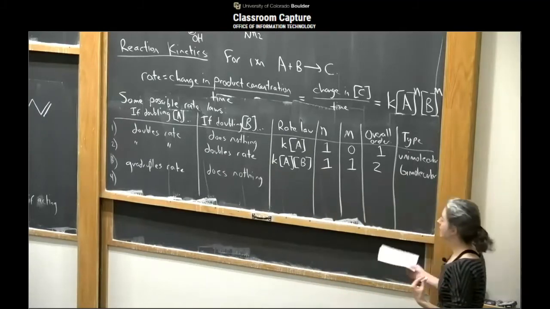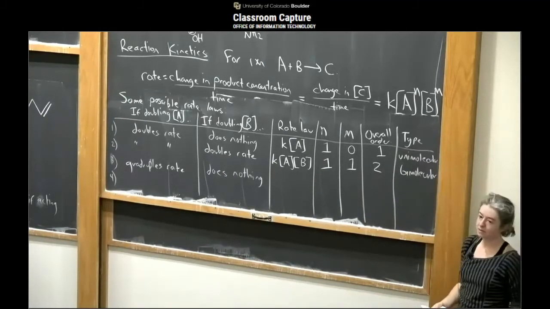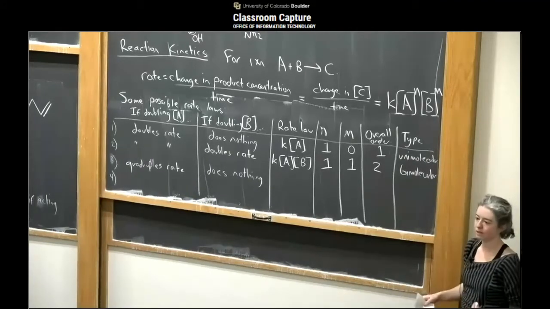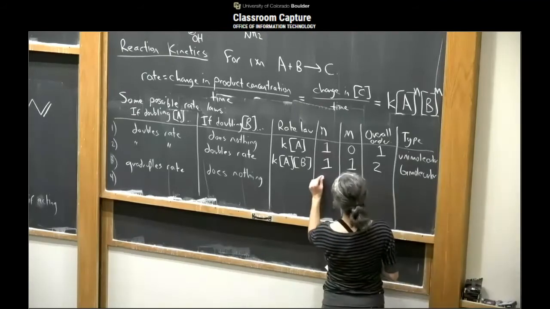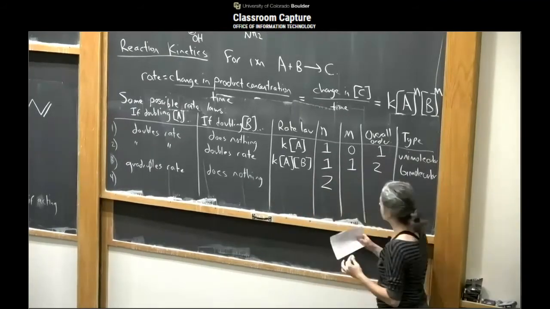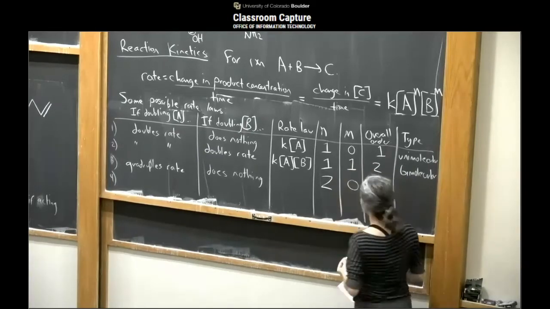That tells us that when we double the concentration of A, we're getting 4 times as much speed out of this thing, which tells us we're squaring whatever the concentration of A is. So N is going to be 2. And meanwhile, just like in the first example, B does nothing. It's going to be 0.